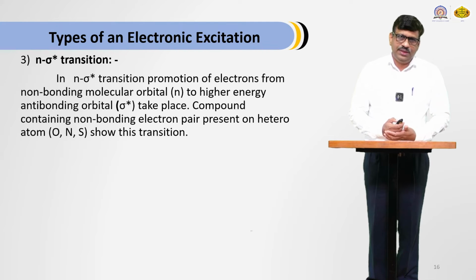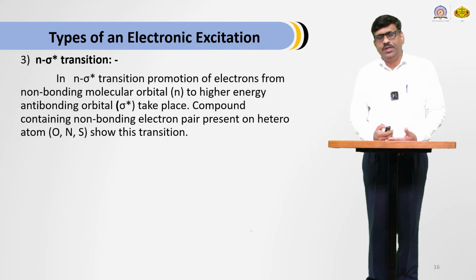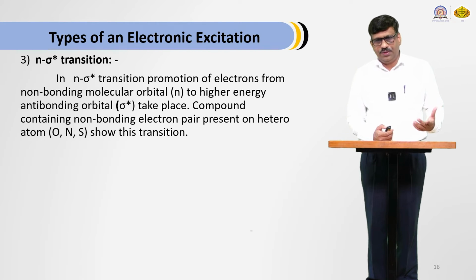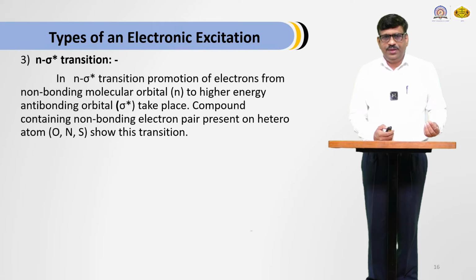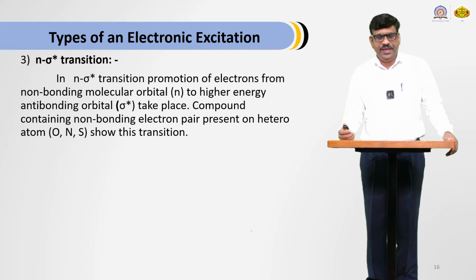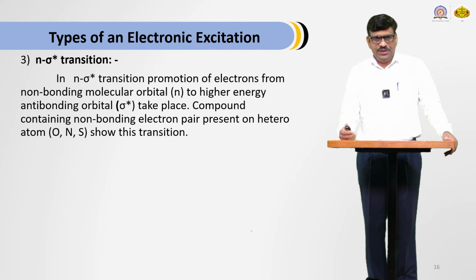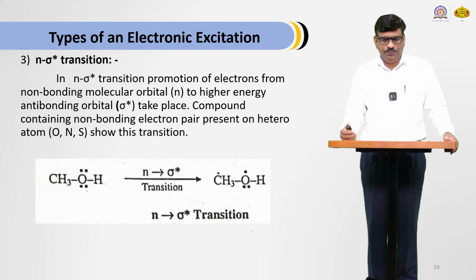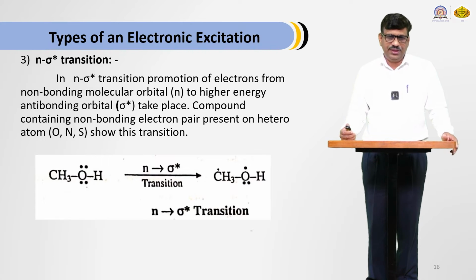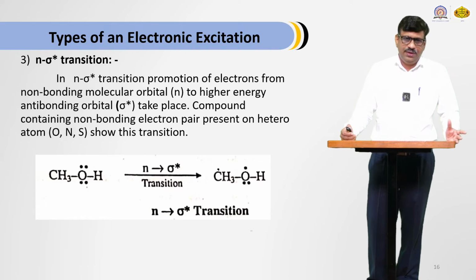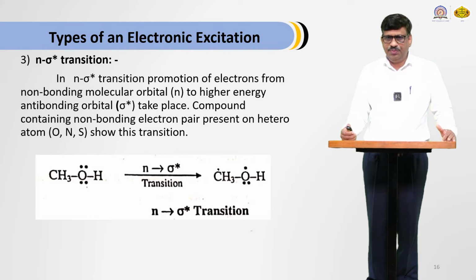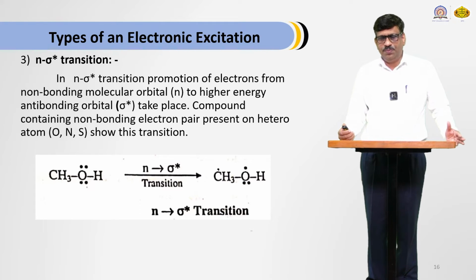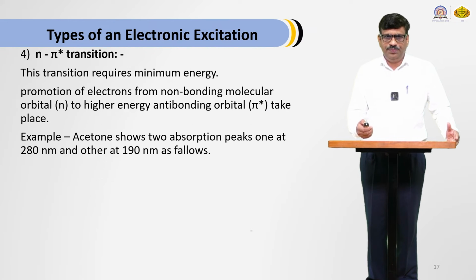For example, compounds containing nitrogen, oxygen, or sulfur, all these compounds have an unpaired electron or lone pair of electrons on that heteroatom, and in these compounds n to sigma star transition is possible. Let's see, this is methanol, it contains oxygen, and when n to sigma star transition takes place, one electron is shifted from the n orbital to the sigma star orbital, and it is shown in that figure.